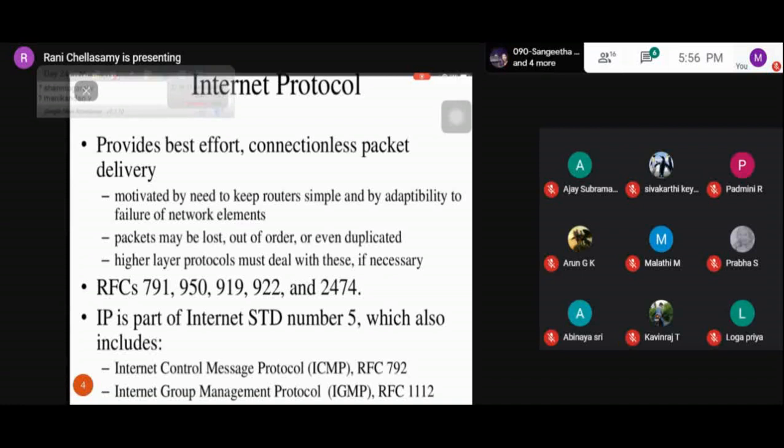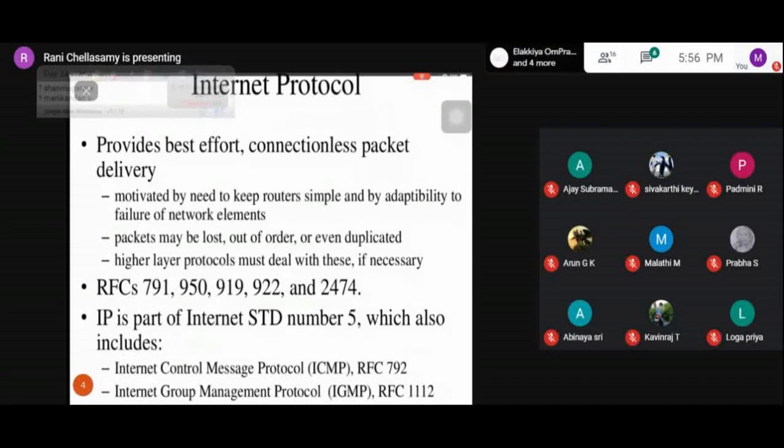Routers use this ICMP protocol to generate error messages, and they report to the source with the help of the source IP address. Whenever a network problem occurs, it will report the error messages to the source address. That is the functionality of ICMP, Internet Control Message Protocol, an error reporting protocol.